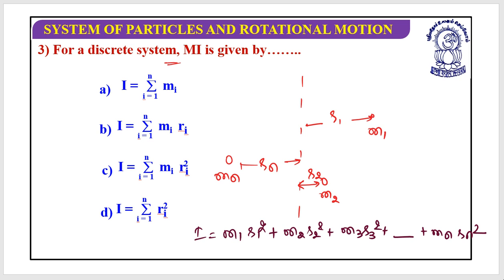So I equals sigma i equals 1 to n mi ri square. This is the correct option. I hope this is clear. So all theoretical aspects are clear.